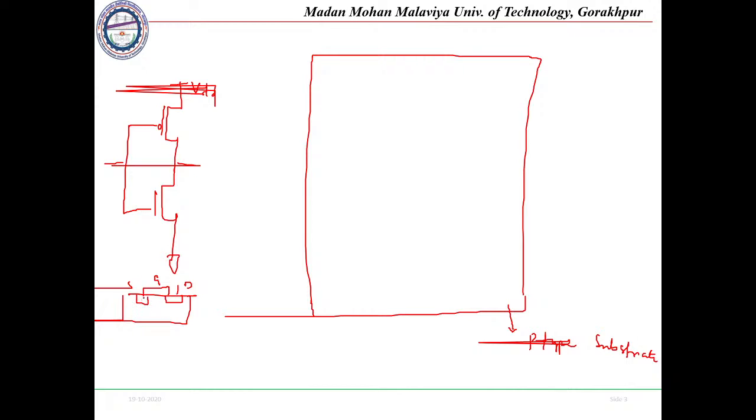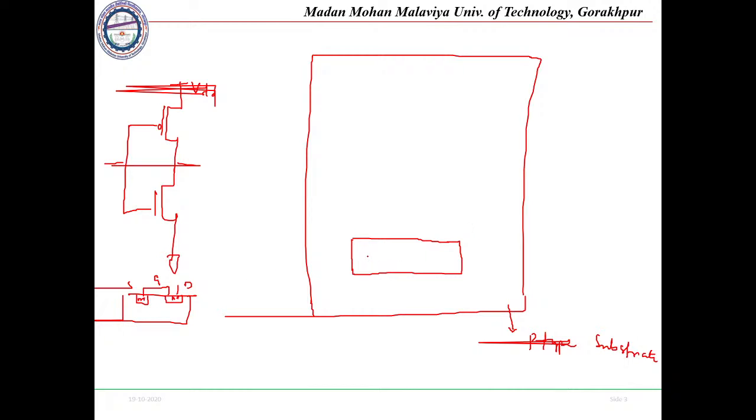In that substrate, we will be designing this region, source and drain. To design a source and drain, we take the n diffusion region, because the source and drain regions are n plus in NMOS. We call it n diffusion region or n plus diffusion region based on your doping concentration.